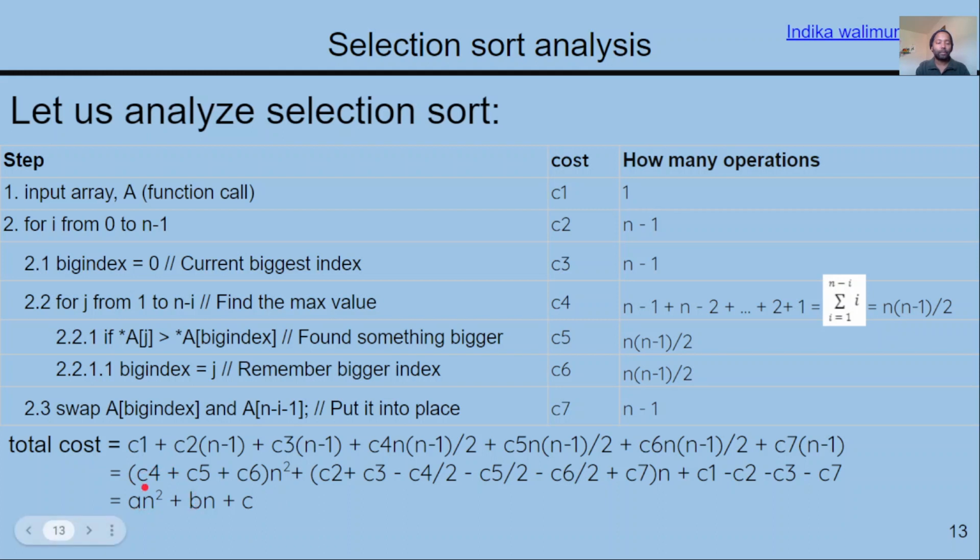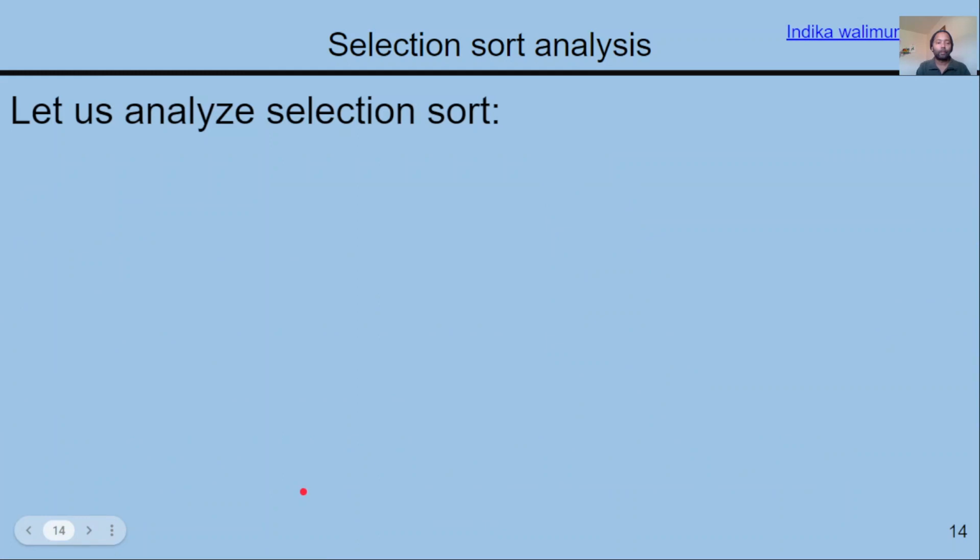So it's basically this right here, constant A, this right here, constant B, and this right here, constant C.